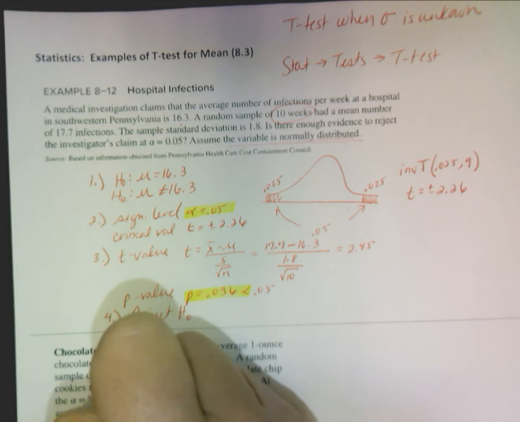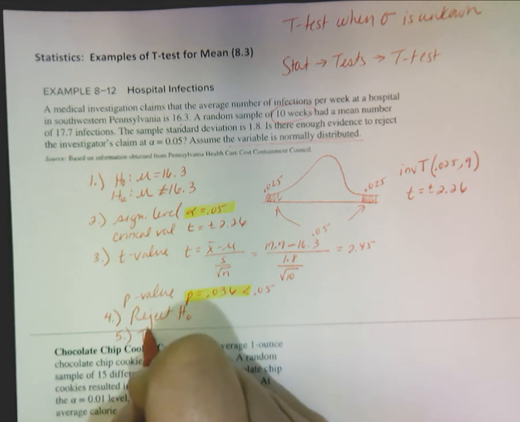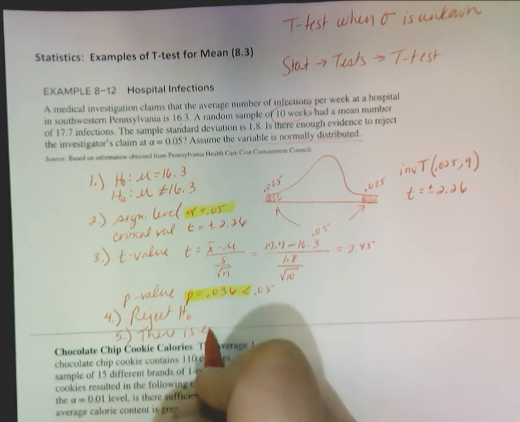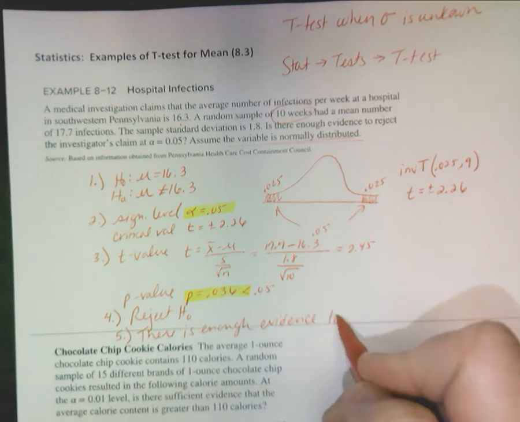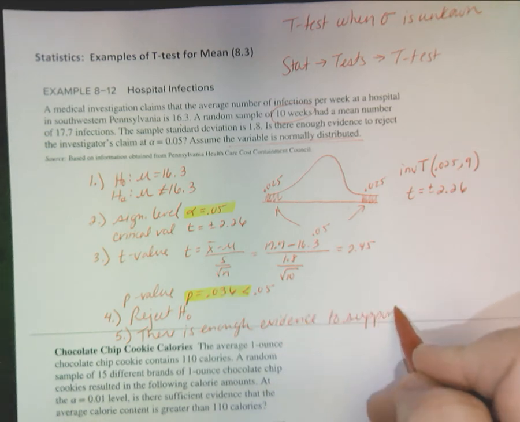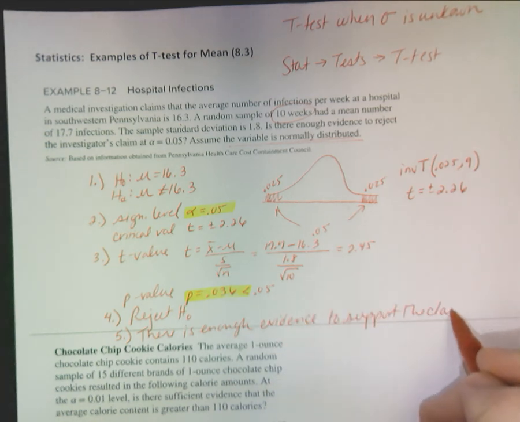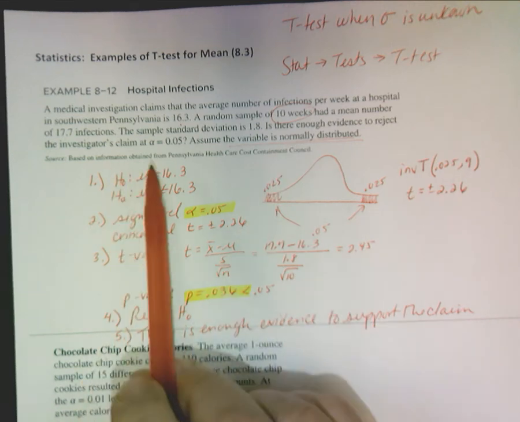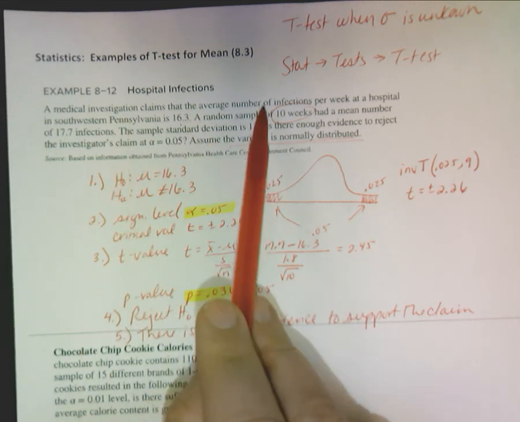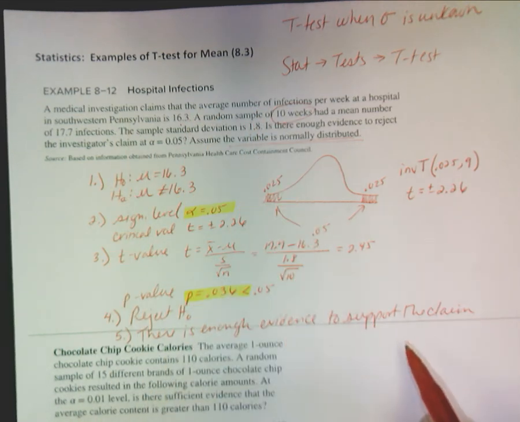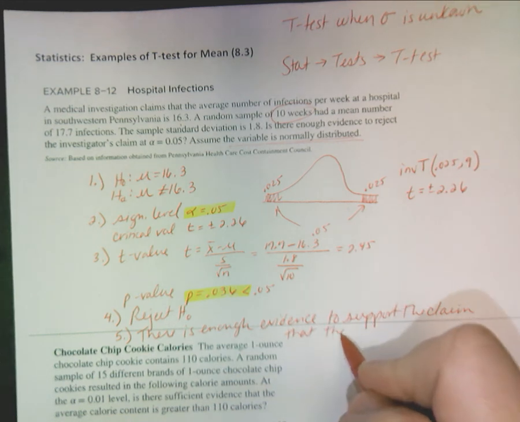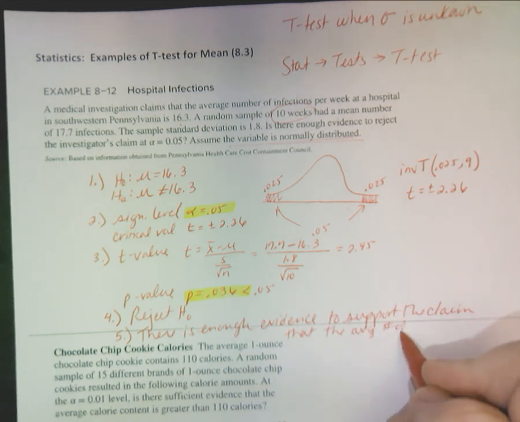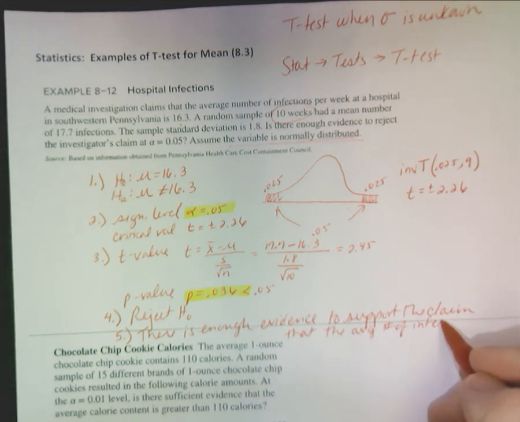And number 5, if you're rejecting, that means there is enough evidence to support the claim. And what's the claim? What's the investigator's claim? That the average number of infections is different than 16.3. That the average number of infections is different.